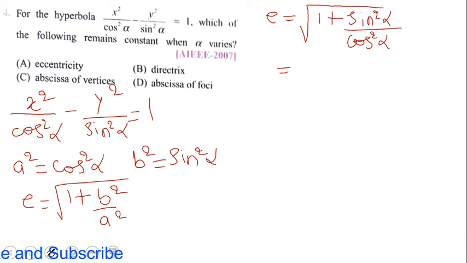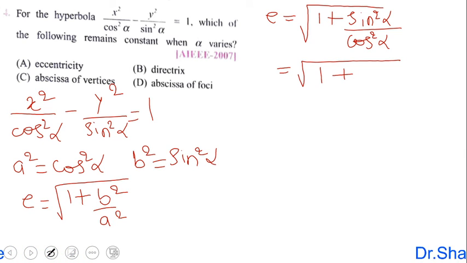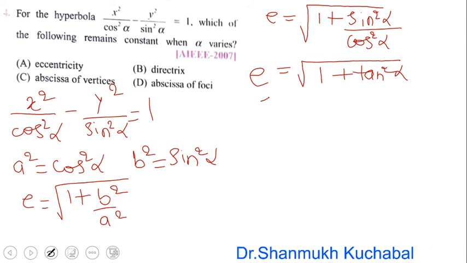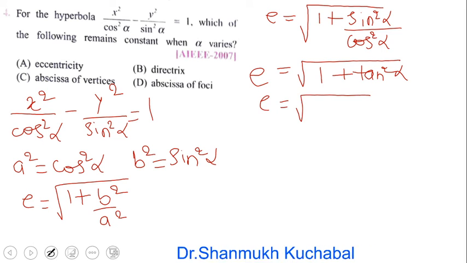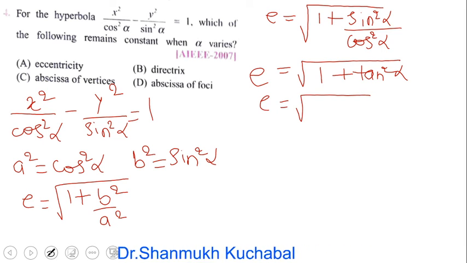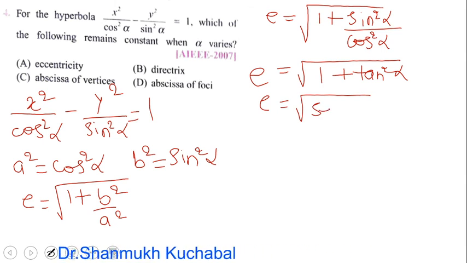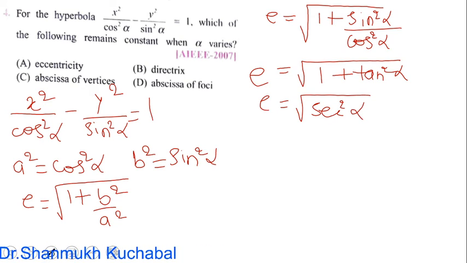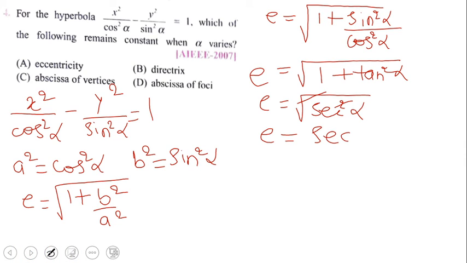Then very simple trigonometric functions I am going to use. Sin by cos is tan, so we get tan square alpha here. So e equals under the square root of 1 plus tan square, which is sec square alpha. Square and square root cancel, and we get e as sec alpha here.